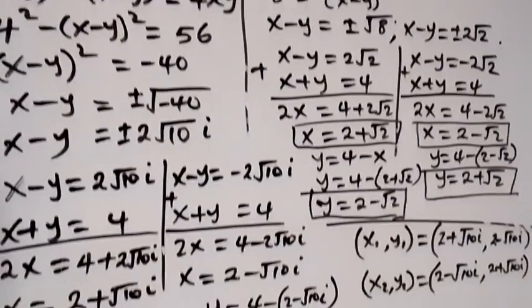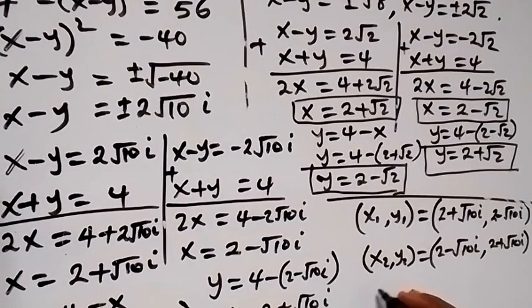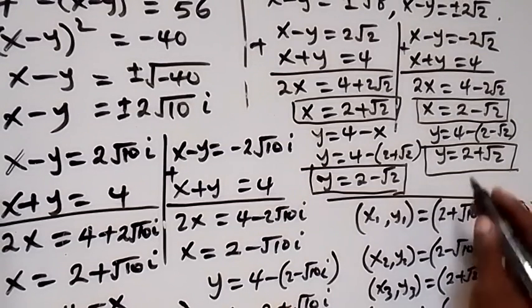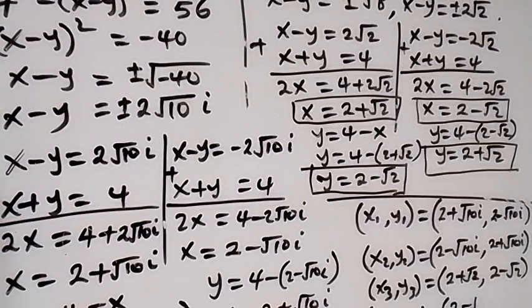Then we can write the third set of solution, x3 comma y3, where x is 2 plus root 2, comma y equals 2 minus root 2. And for the fourth set of solution, x4 comma y4, we have x to be 2 minus root 2, and y to be 2 plus root 2.